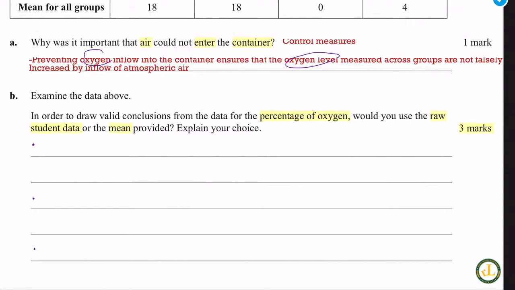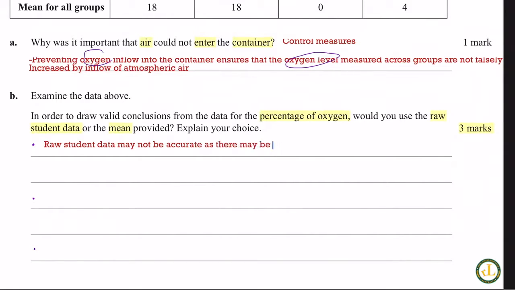So I can start with one. I'm going to talk about how raw student data in this scenario isn't exactly the best option. I can say raw student data may not be accurate, as there may be human or measurement errors in a particular group of yeast. And then I can go in and talk about how using the mean is a good idea.